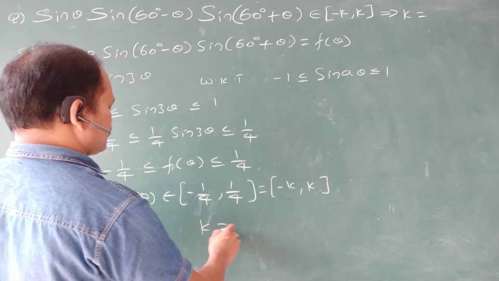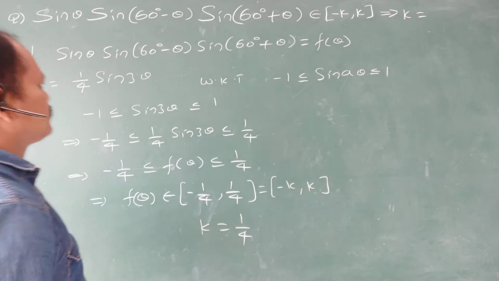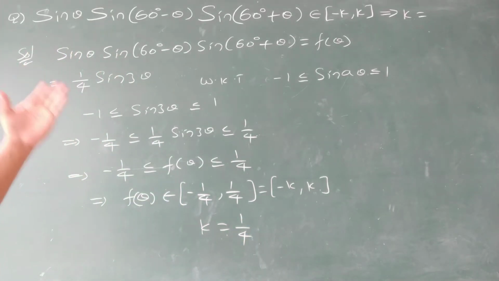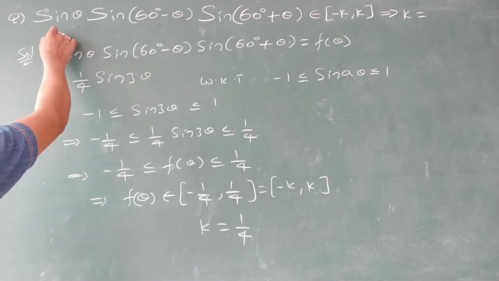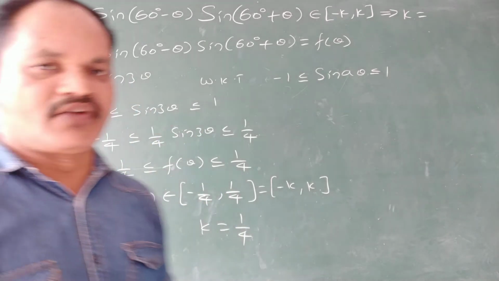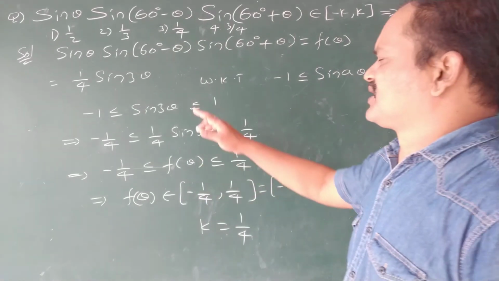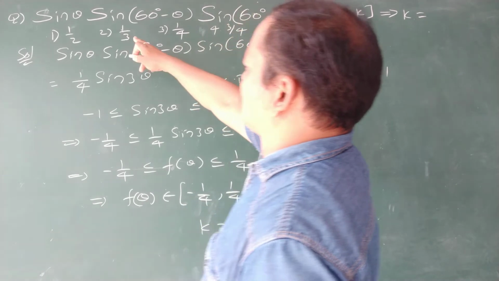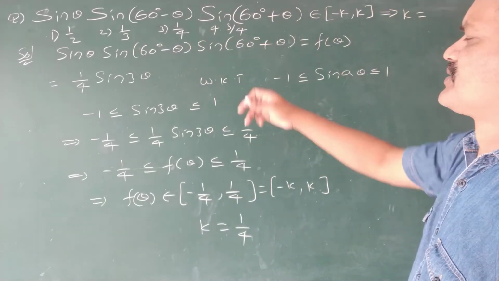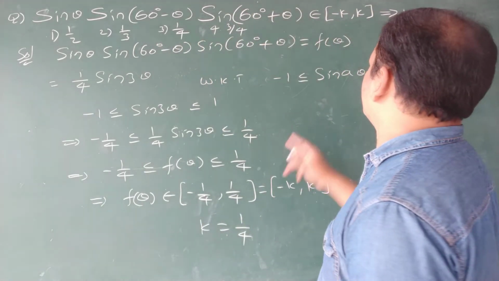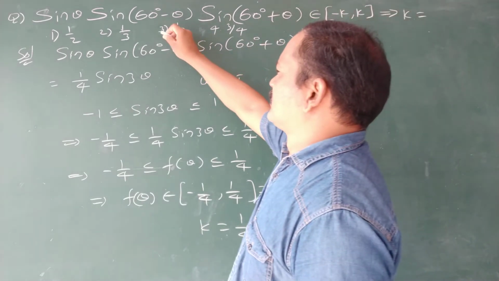That's why the value of k is 1 by 4. Now, options are not given, so I will give options here. First option 1 by 2, second option 1 by 3, third option 1 by 4 and fourth option 3 by 4. Now k value is 1 by 4, that is in the third option.